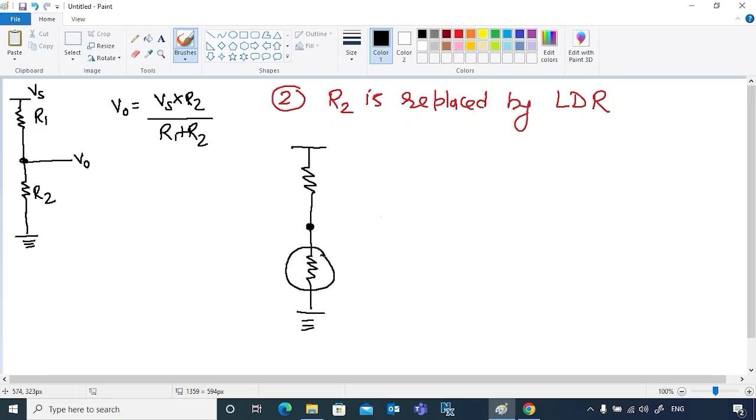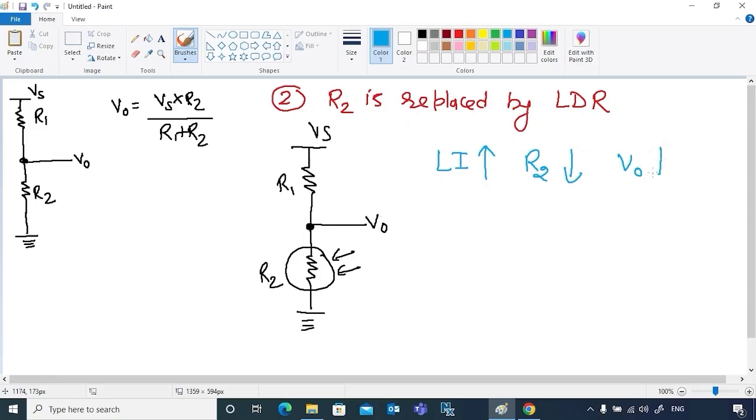R2 is replaced by LDR, and this is the R1, and this is the VS, and here is V output. Now if you increase the light intensity, R2 is decreasing. When R2 is decreasing, V output is decreasing.